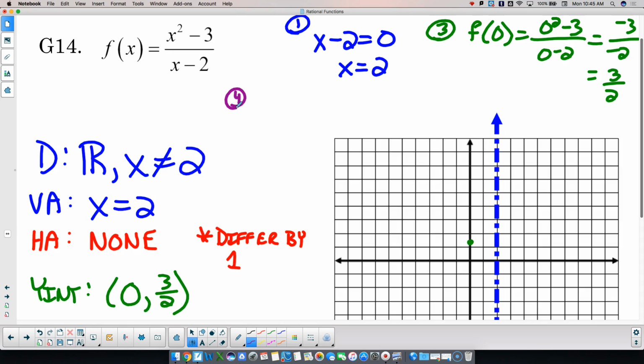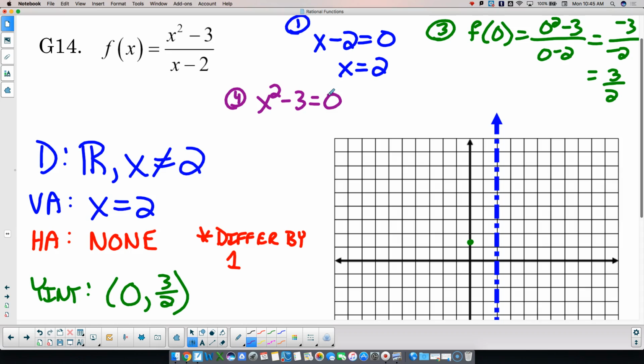Step number 4, x-intercepts. That's different than plugging in 0. Plugging in 0 is what we did in step 3. Making it equal to 0 is different. Okay?